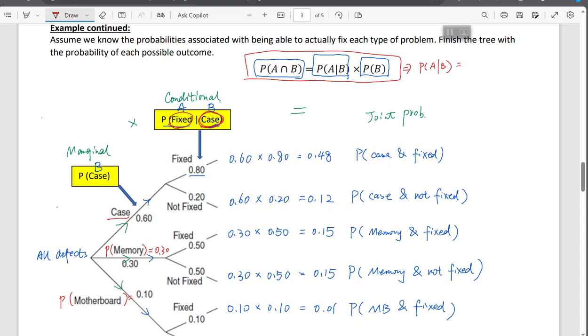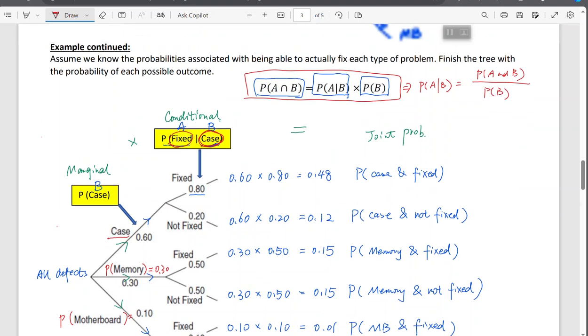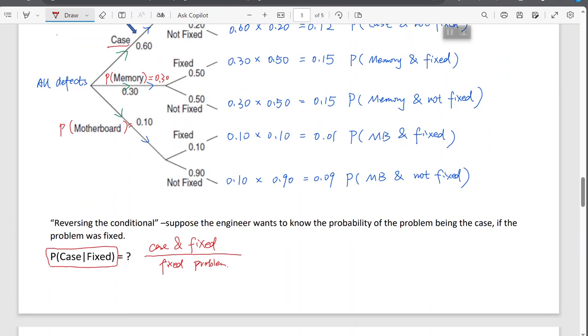We divide the probability of B from both sides, so it equals the probability of A and B divided by the probability of B, the probability of the condition. So within all the fixed problems, how many of them are also case alignment defects?